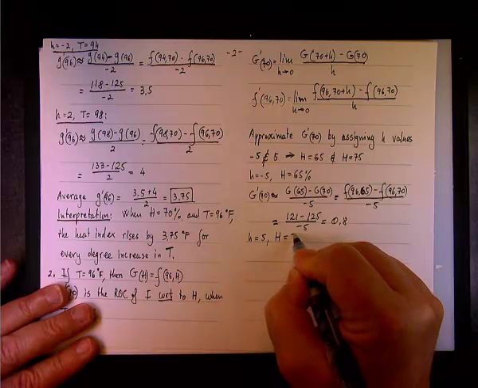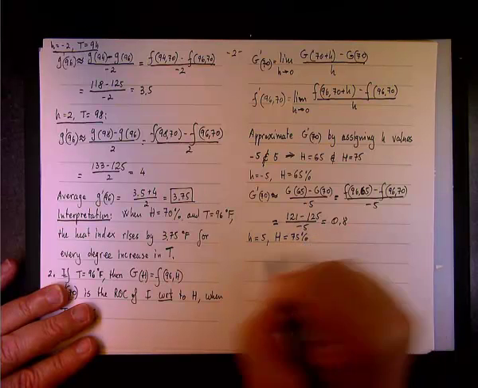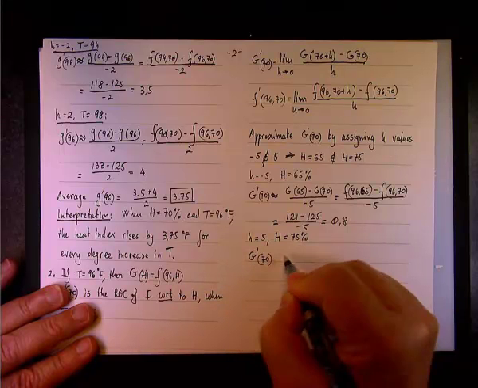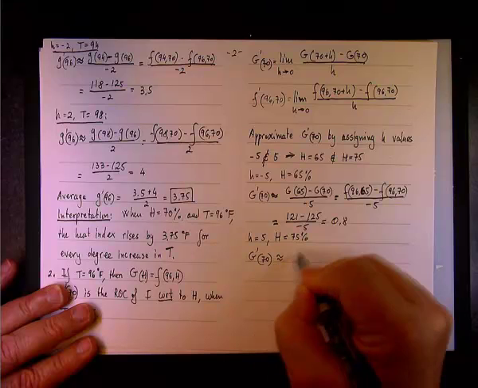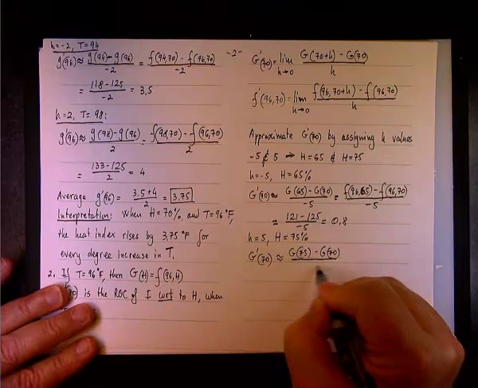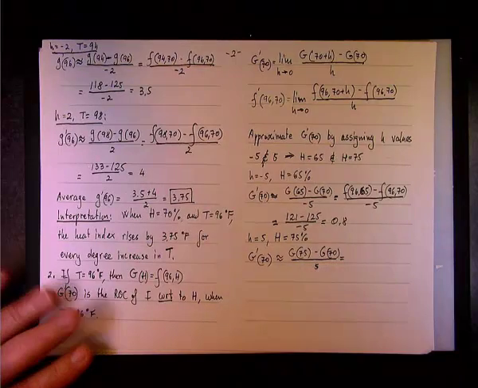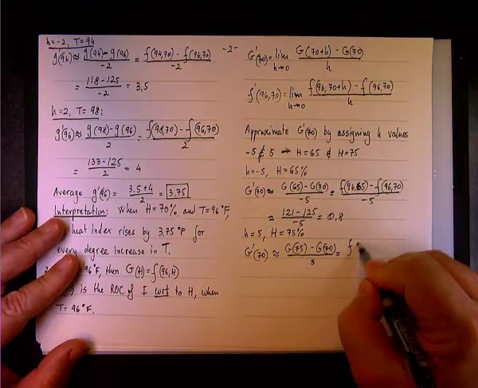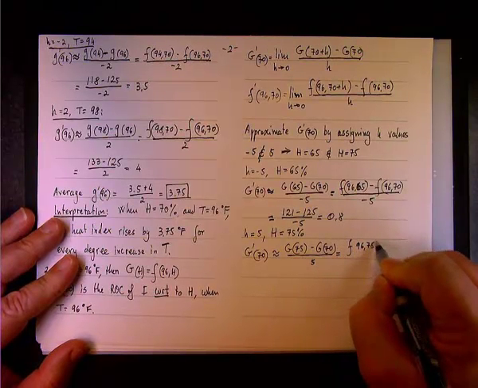The actual numbers, if you go back to the table, for 96, for 65% humidity, the heat index is 121. For 70% it is 125, divided by negative 5. So we have negative 4 divided by negative 5, positive 0.8.